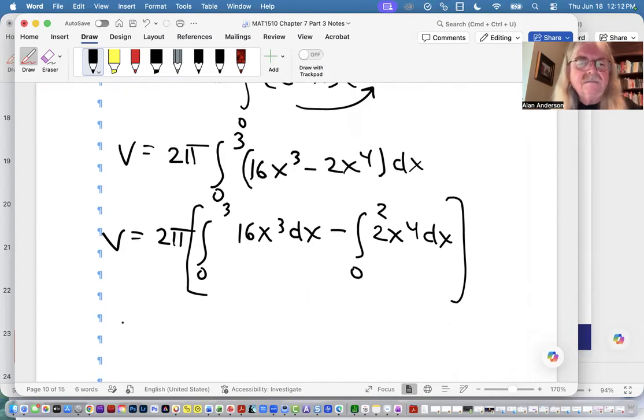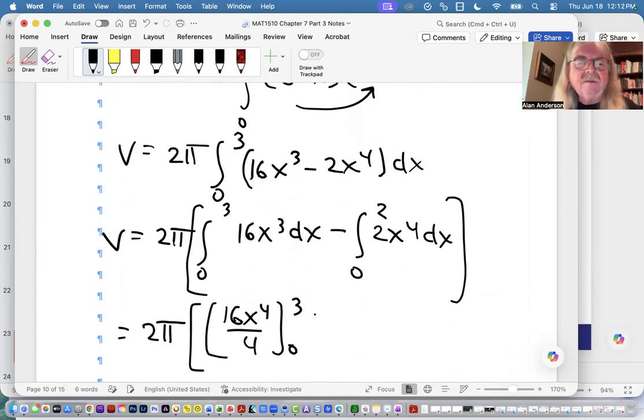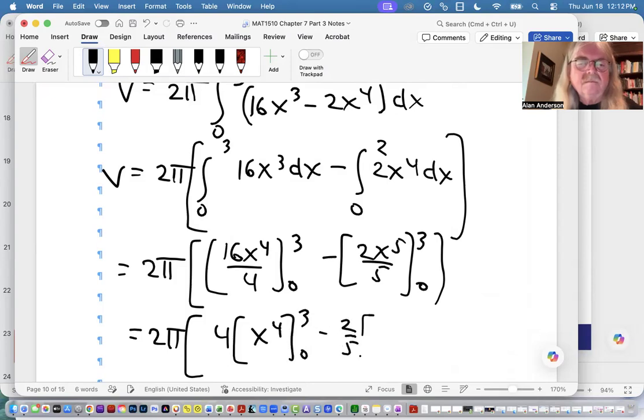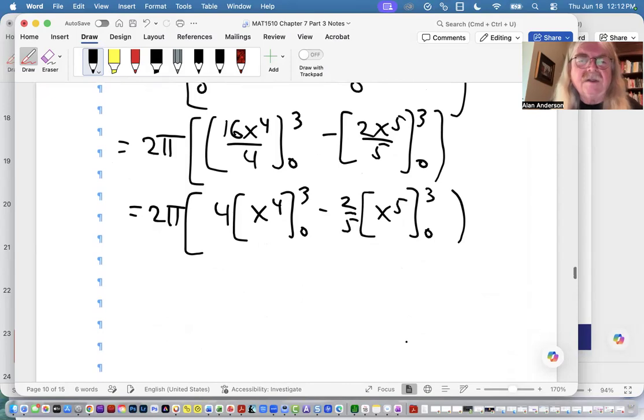Using the power rule and the fundamental theorem of calculus, we'll get our answer. And of course, we can simplify it a little bit as we go along. Good. All right, that should do it.